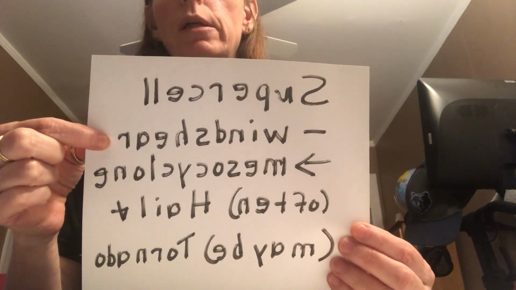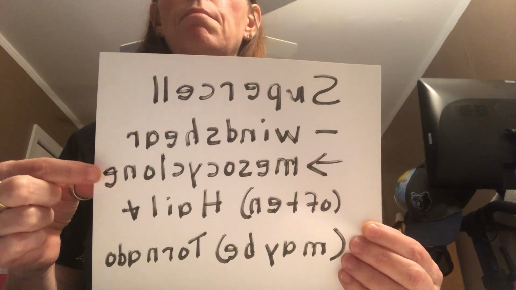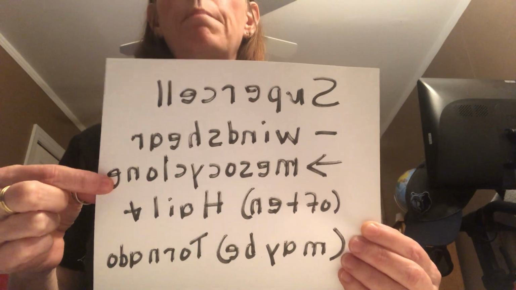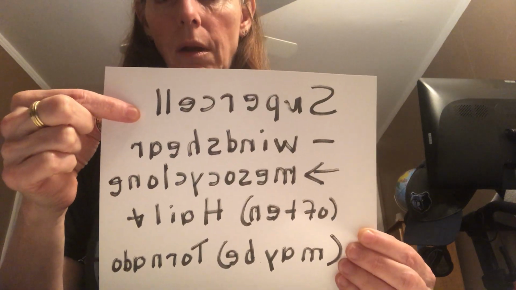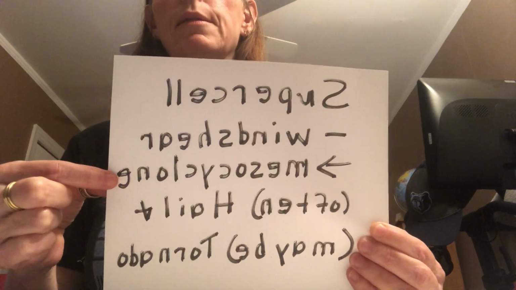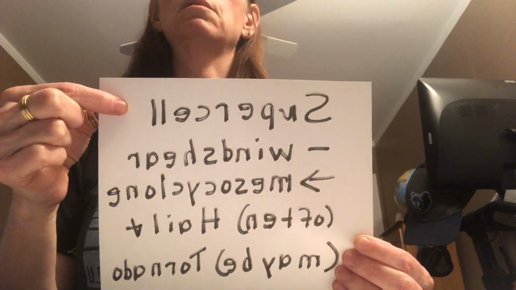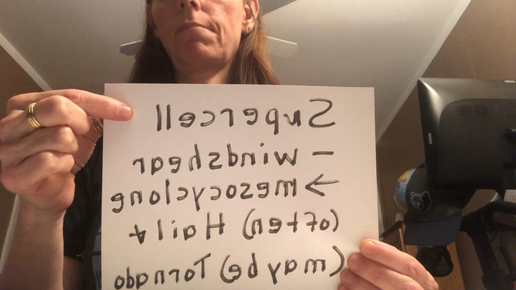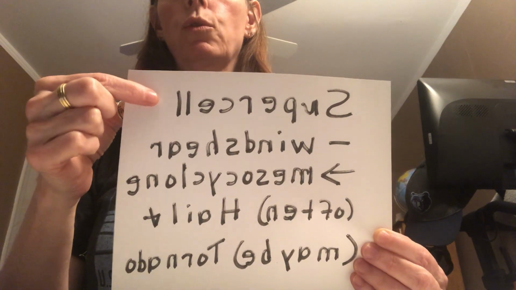This wind shear leads to something called a mesocyclone. This mesocyclone is what makes a supercell a supercell. If it doesn't have a mesocyclone, it's just a regular old normal thunderstorm.